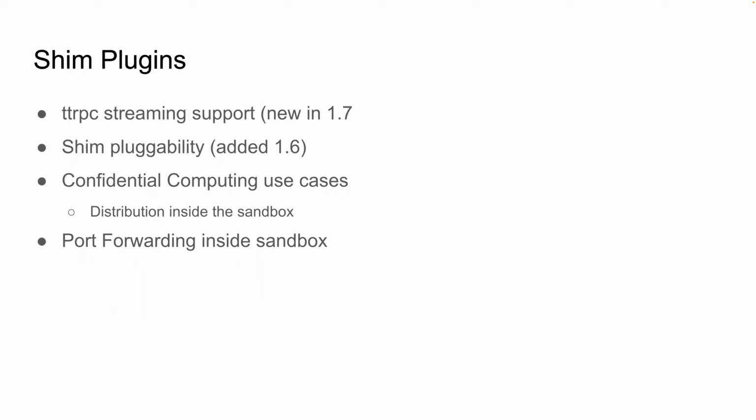Same for the port forwarding use case. Most of the port forwarding that's done today is primarily for debugging, but it's very Linux centric, or very tied to what the host capabilities are today. So for the VM environment, there's not a good way to do port forwarding. This will allow the shim to do that port forwarding for us, by having essentially an interface that CRI could call into and say, hey, do the port forwarding.